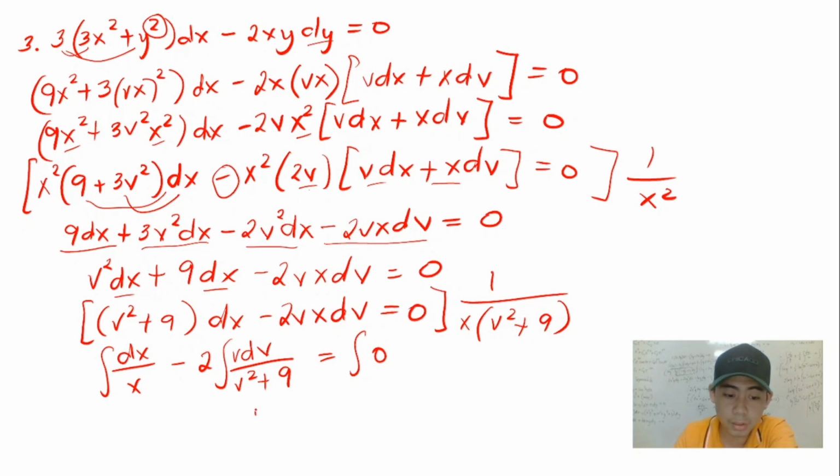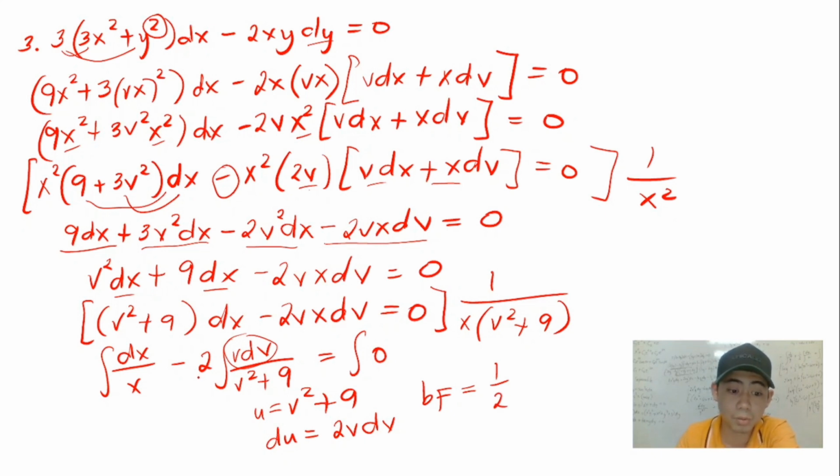So, let u is equal to v squared plus 9. Okay, mga lods? So, du is equal to 2v dv. Okay. But, v dv lang yung meron tayo. Okay, so, get the balance factor of 1/2. Okay. So, pwede din namang hindi na kasi merong 2v. Meron naman ng 2 sa labas.